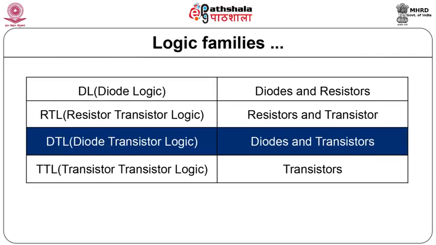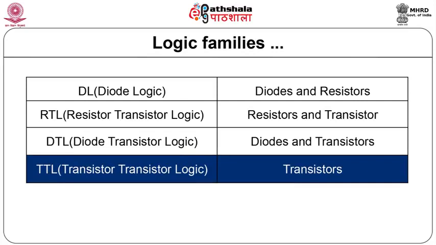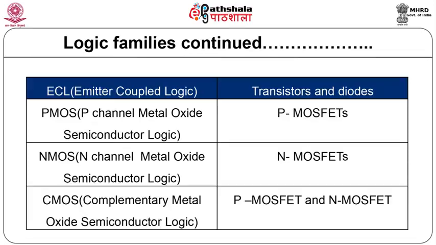In DTL, that is diode transistor logic, diodes and transistors are used during the fabrication. And in TTL, transistor transistor logic, transistors are the basic building blocks. ECL, that is emitter coupled logic, uses again transistors and diodes.